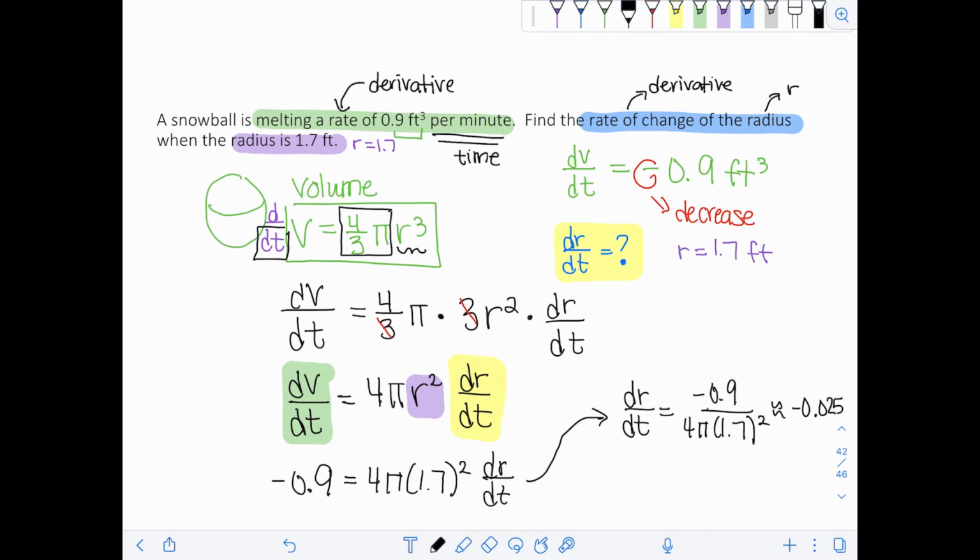So that means the radius is decreasing by a rate of, and notice that I haven't actually put the negative here because I used the word decreasing. So the radius is decreasing by a rate of 0.025 feet per minute. And that's our final answer for this one.